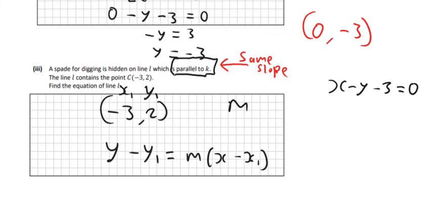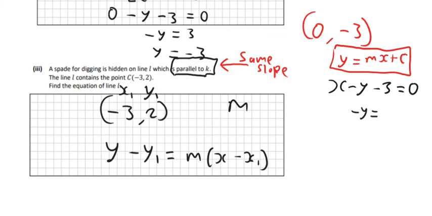The way we're going to work it out is we're going to change it into the form y equals mx plus c. If I change it into this format, the m will be in front of the x. So I'm going to move everything across to the right hand side apart from the minus y. So we get minus y is equal to minus x, because it becomes a minus x when it goes over, and plus 3, because minus 3 becomes a positive 3 when it goes over.